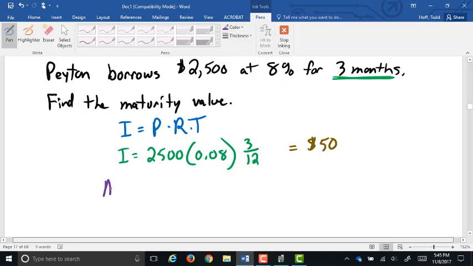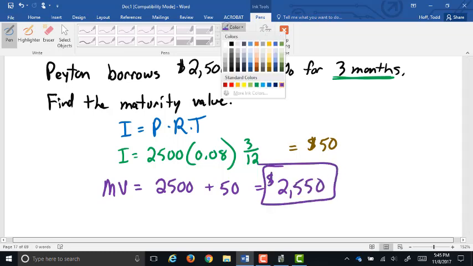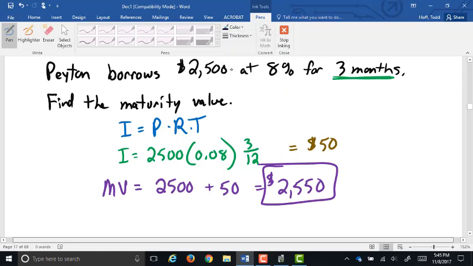Good. So then how do we find the maturity value? Perfect. The principal plus interest, 2,500 plus 50 is $2,550. Any questions?